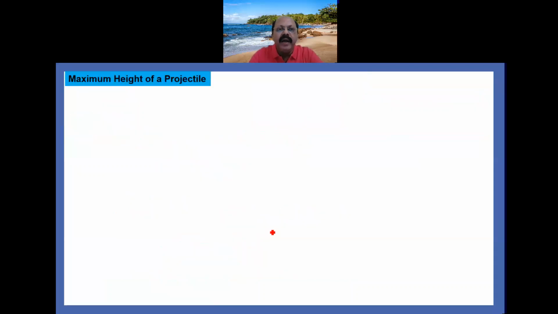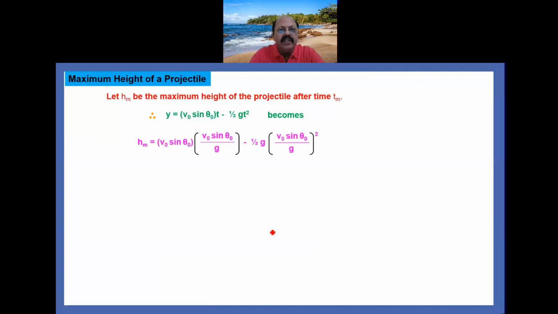Now the maximum height of a projectile. Let Hm be the maximum height of the projectile after the time Tm. Then apply the formula y equal to V naught sine theta naught t minus half g t square. In place of y you write Hm and in place of t you write Tm. Then Hm equal to V naught sine theta naught Tm minus half g Tm square.